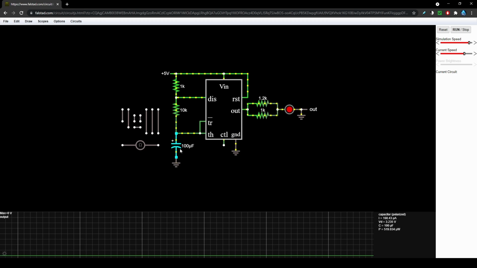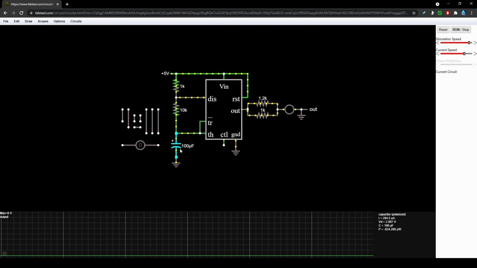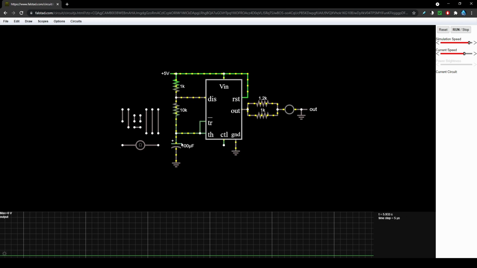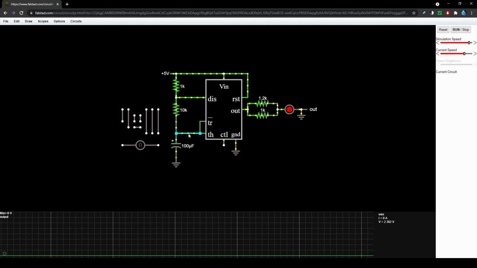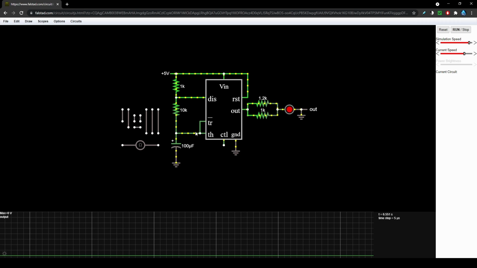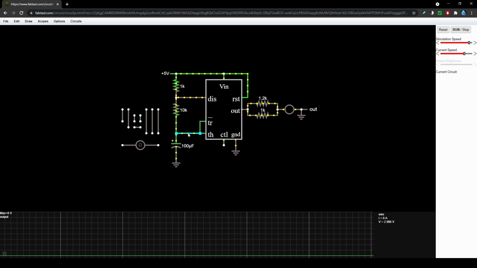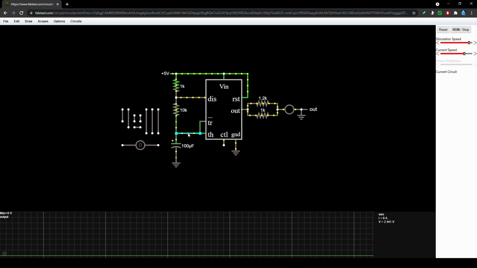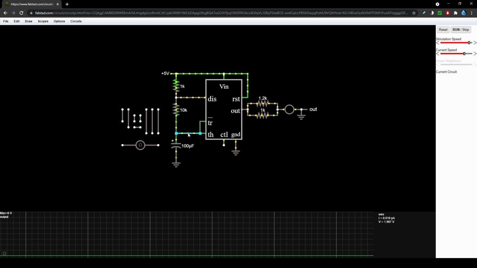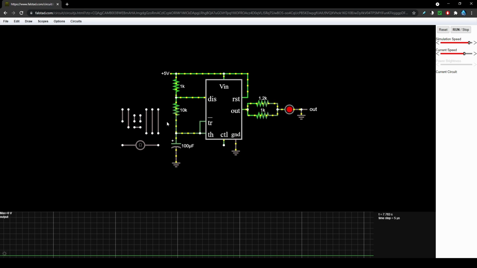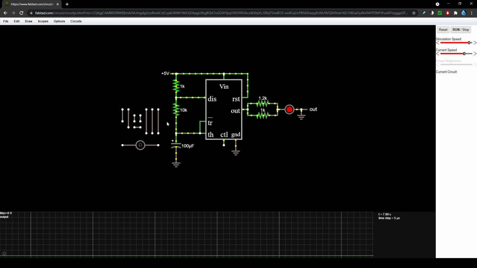But once it's off, it's discharging and going into the discharge pin and into ground, as said. But when it's on, it's setting voltage to the threshold and trigger pin, which is causing the on state. So the threshold is met and it opens up essentially and stops giving it power.